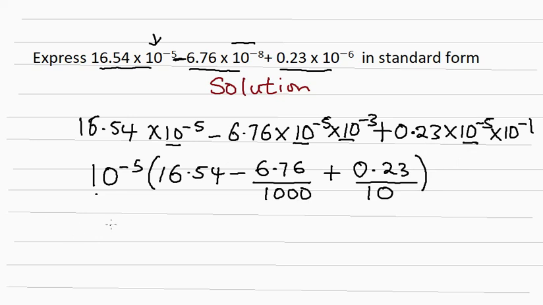With what I have now, I have to simplify the bracket. So this is going to be 10 raised to the power minus 5, bracket open, 16.54.